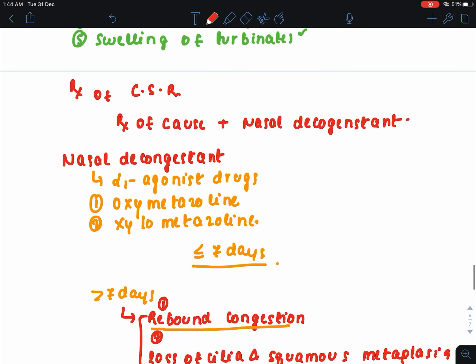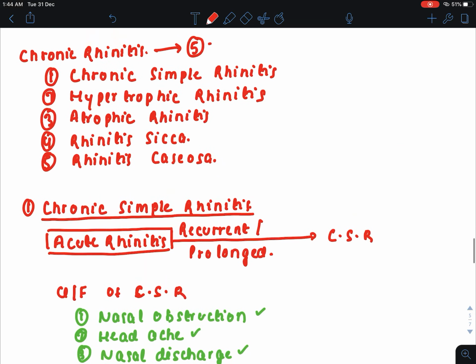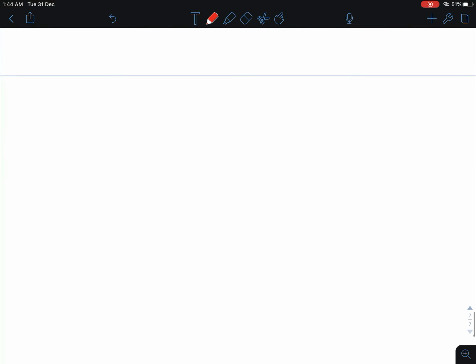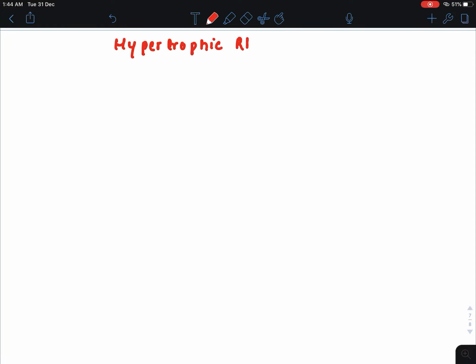So now we have completed chronic simple rhinitis and its side effect, rhinitis medicamentosa. Now we will see hypertrophic rhinitis. How does hypertrophic rhinitis occur?